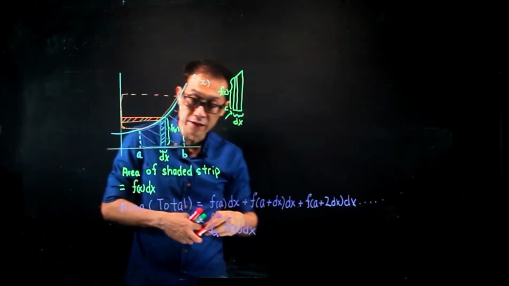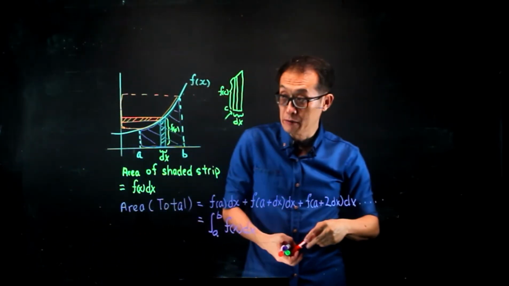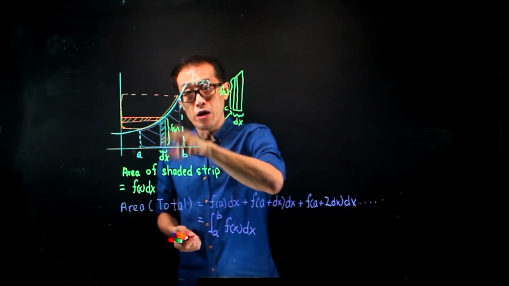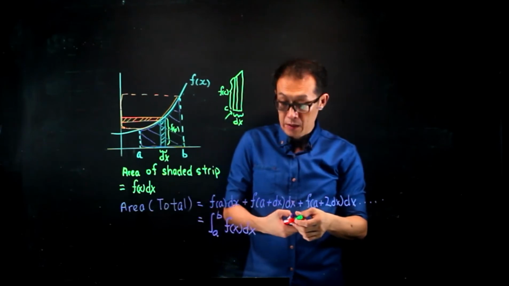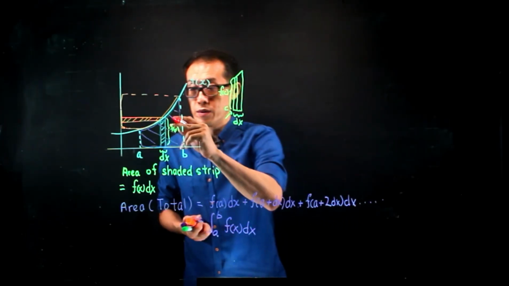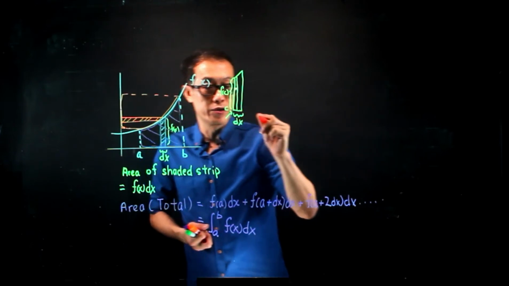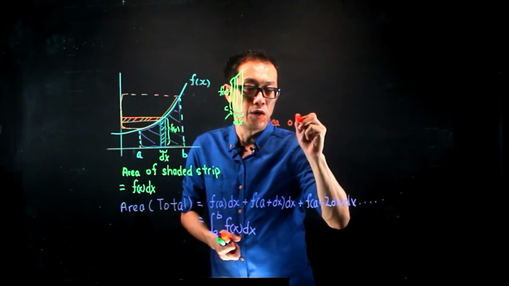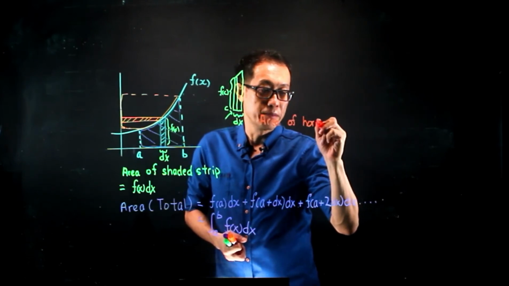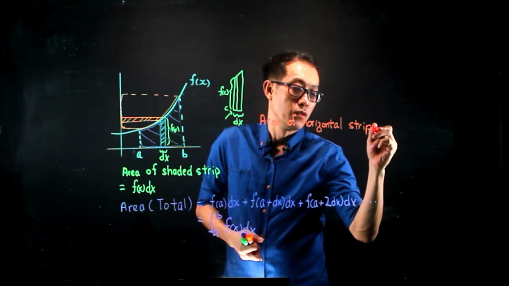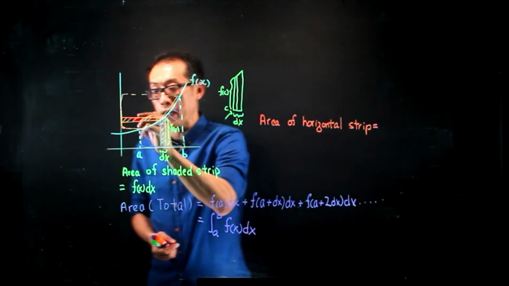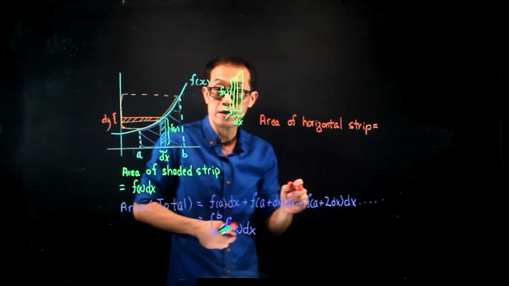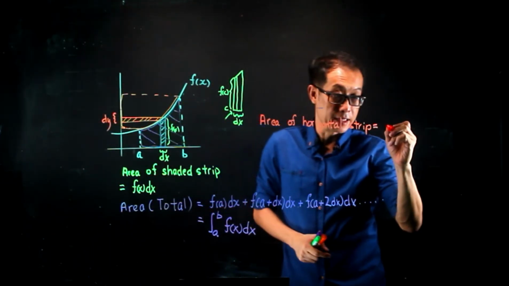Now how to find this area? There are a couple of ways, but I will introduce you to using the horizontal strip. Earlier on we used the vertical strip. So the area of a horizontal strip will be equal to, now this distance here is dy, you cut the strip so tiny, and this distance here will be x.